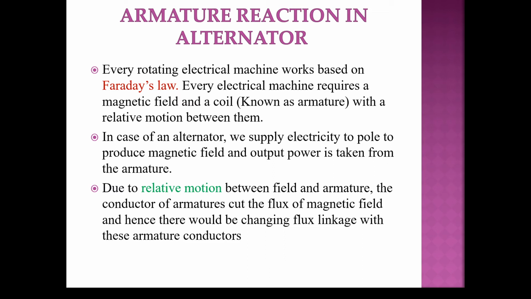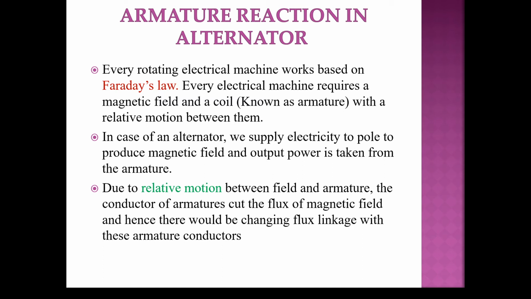In case of an alternator, we are supplying electricity to the poles to produce the magnetic field, and the output power will be taken from the armature. What is an alternator? An alternator is an AC generator. It converts mechanical energy to electrical energy, and the mechanical energy can be given through some prime mover. Inside the alternator we are not placing permanent magnets.